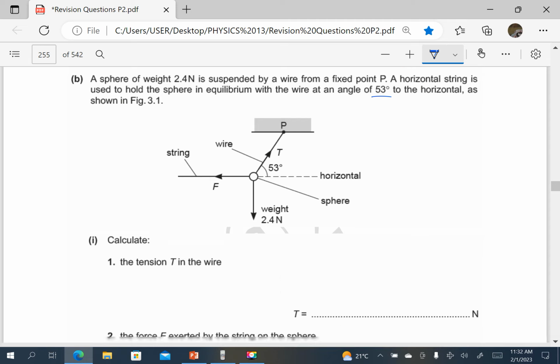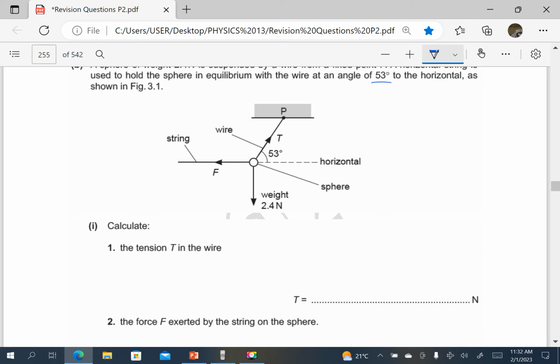Calculate the tension T in the wire. So we want to find T, so I'll put a horizontal line here to help us to see that we are going to resolve carefully.